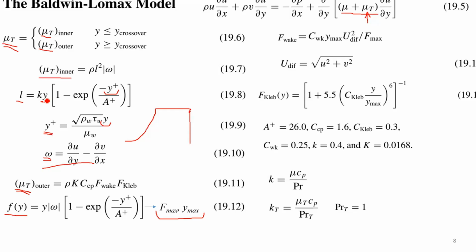Very interesting, right? So when we have a boundary layer just separated from an airfoil or from a nozzle or from a diffuser, it is immediately considered as inviscid. This is typical not just for the Baldwin-Lomax model, but also for k-epsilon and k-omega models of turbulence.